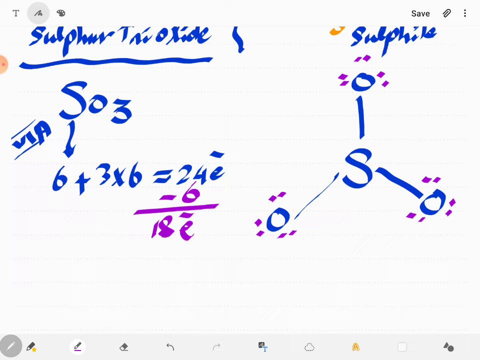From my side, each oxygen is now minus 1. What about sulfur? It's 6 valence electrons minus 3 surrounding it. There is one here, one here, one here for sulfur. So 6 minus 3, it's positive 3.